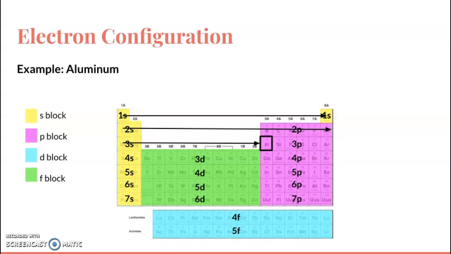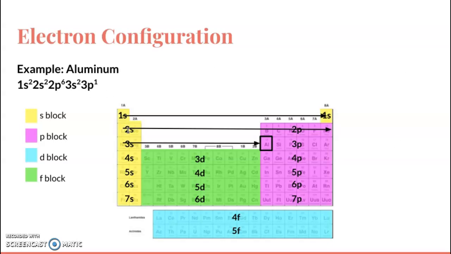Then to write my configuration out, this is what it's going to look like. I go across and I say what energy level, what subshell, and how many electrons are in each. So here I see 1s. I'm going to write 1s, and I have 2 electrons that I filled, so my exponent's 2.